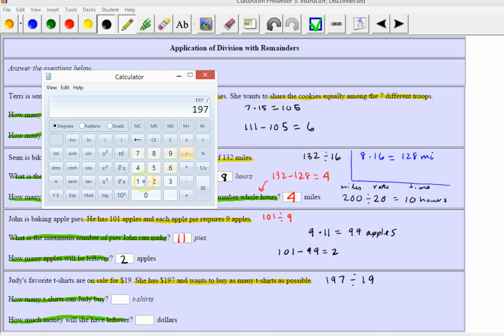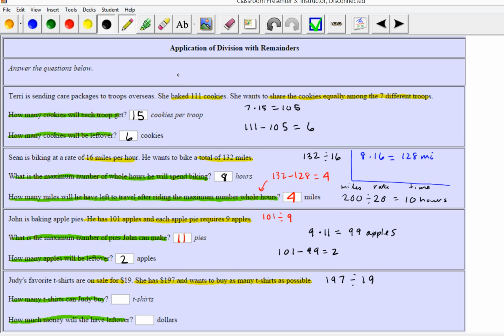197 divided by 19. Well, that's 10 and some left over. Okay, so she can't buy a partial shirt, so she can buy at most 10 shirts. And now let's see how much money she has left over.